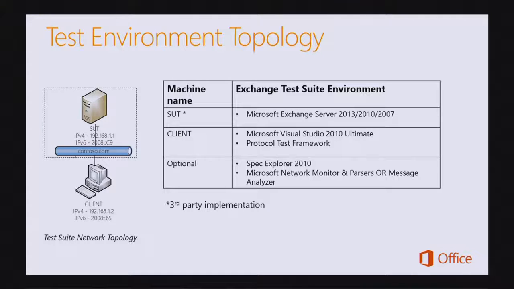Optionally, some test suites use what we call model-based testing. Basically, we set up a model and enumerate all the combinations using the model. If you want to modify that, then you have to use Spec Explorer, but it's not required. It's only when you want to change or view the model.